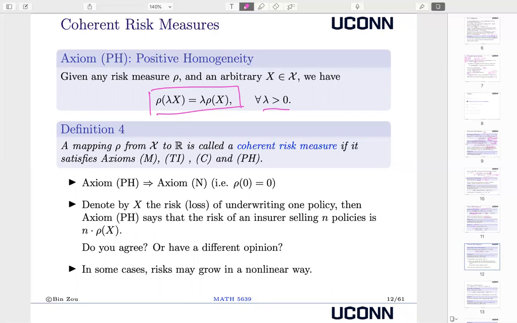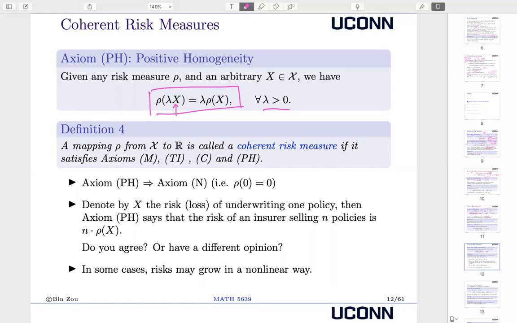Let's say X is the loss from trading one share of a stock. If you trade two shares, positive homogeneity means it's double the risk of trading one share. So in that sense, it's reasonable, right? The risk of trading two shares of stock is double the risk of trading one share of stock.